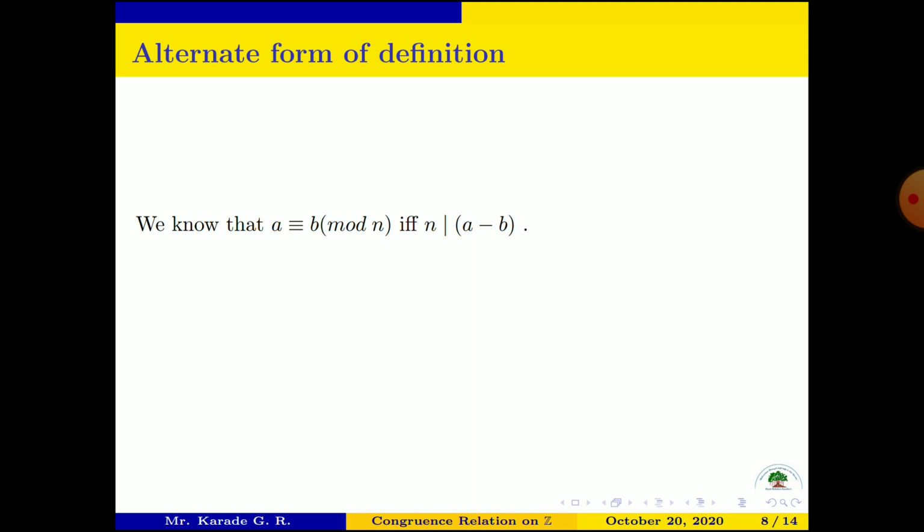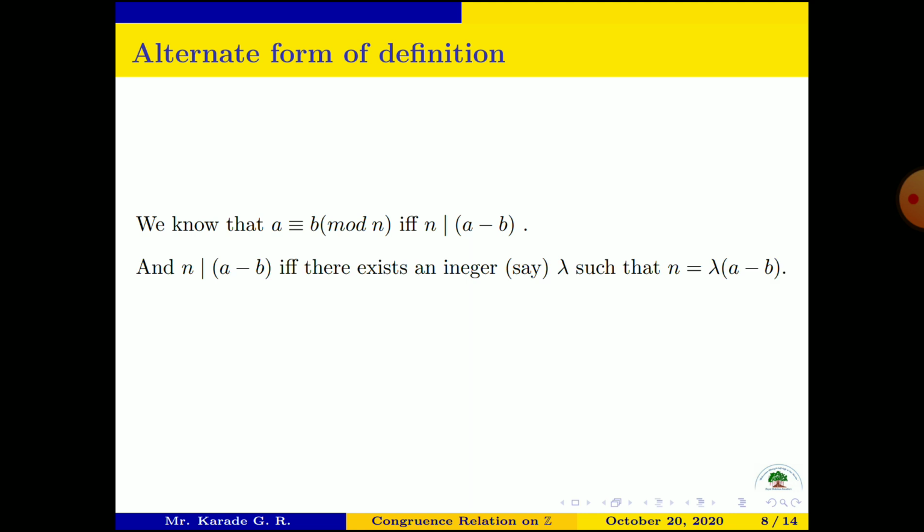We know that A is congruent to B mod n if and only if n divides A minus B. That is the given definition. And n divides A minus B if and only if there exists an integer lambda such that A minus B is equal to lambda times n.